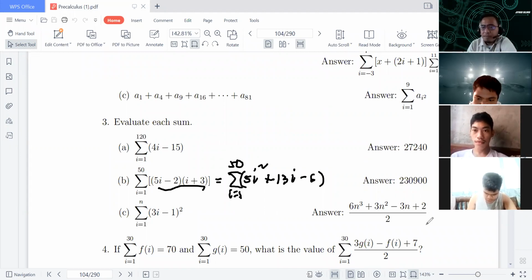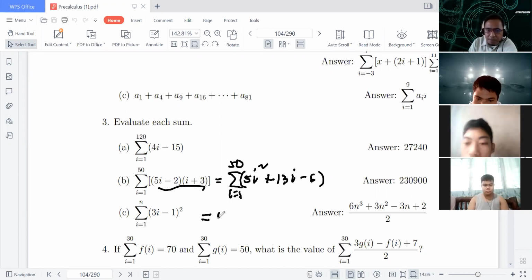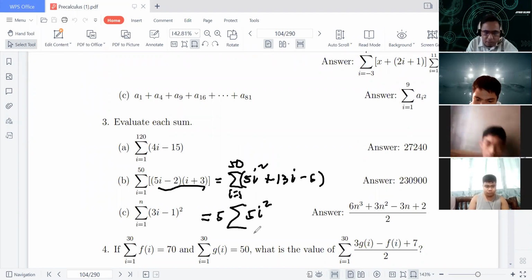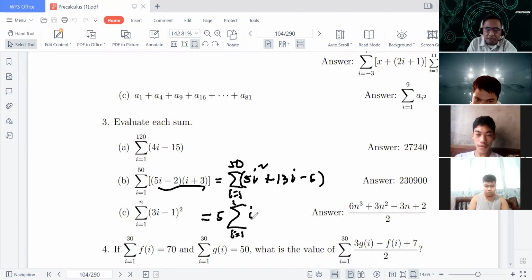Got it? Now next, we distribute the summation. In the first one, it can be written as 5 times the summation of i squared, where i ranges from 1 until 50. Do we have a formula for this, i squared?